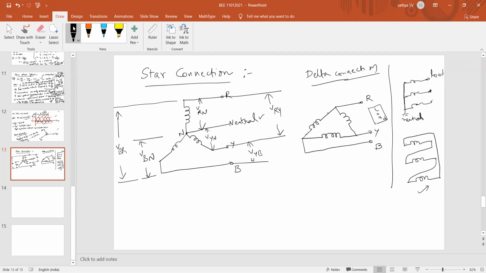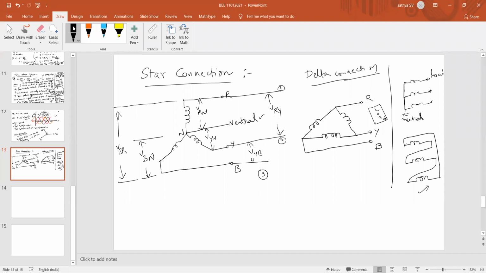That means there are two categories of voltages. One is with respect to N, another one is line to line. So this is your first line, this is your second line, this is your third line. In real time, R is the red wire, Y is the yellow wire, B is the blue wire, for easy identification of the wiring circuit.